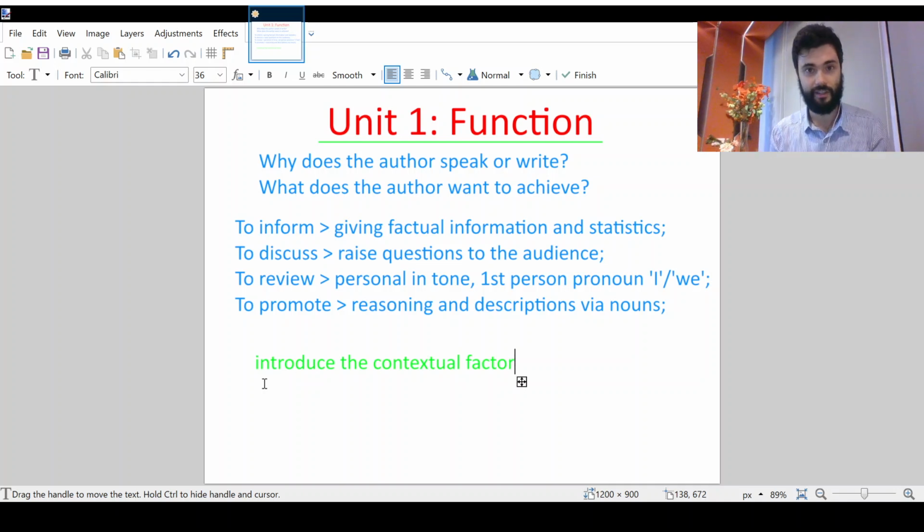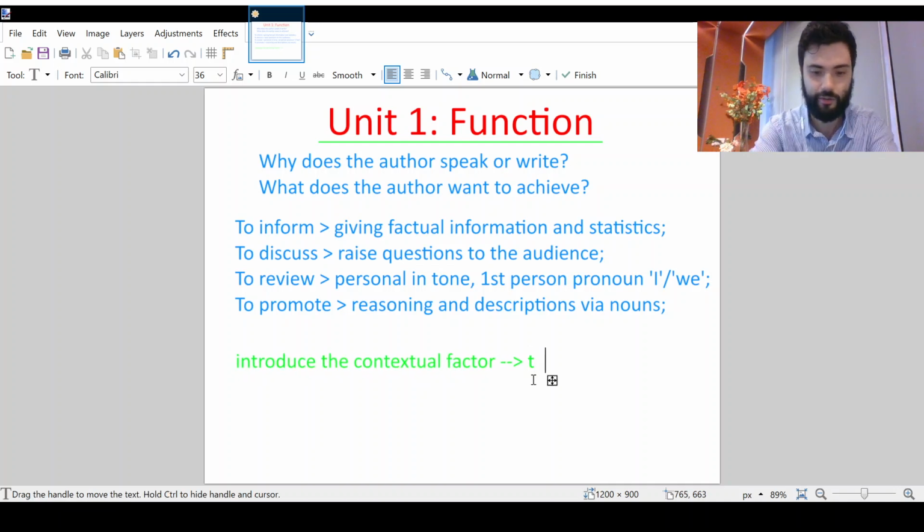In other words, it is to name what we evaluate or what we consider. So when you have introduced the contextual factor, you can start evaluating, analyzing the language in use. If you remember that triangle from one of the previous videos, you understand what we mean.